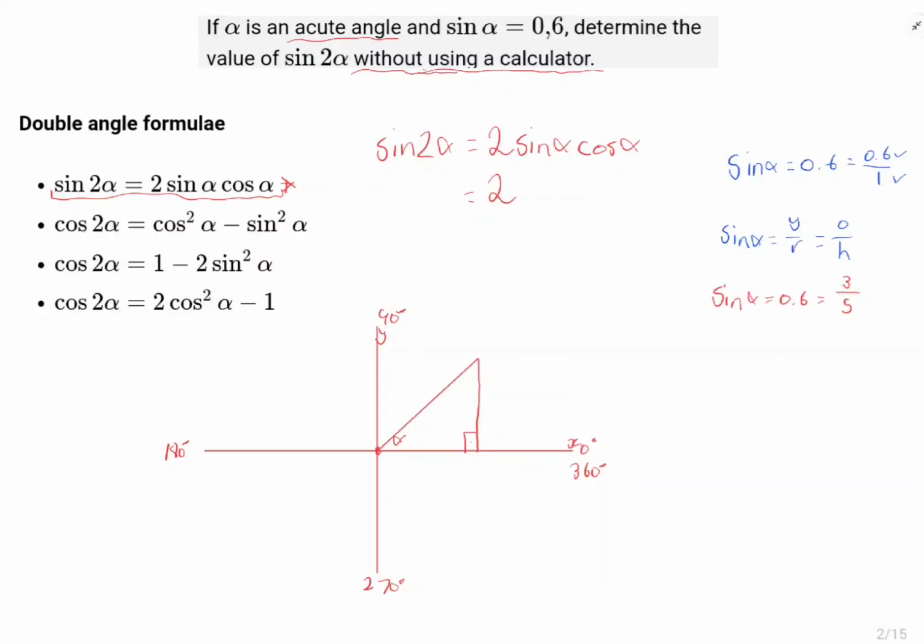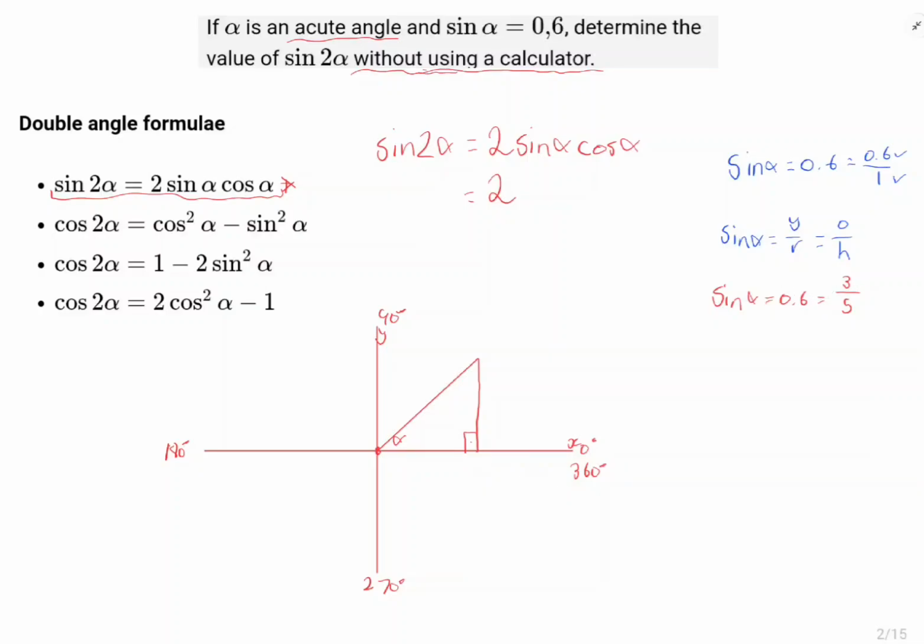In this case, yes, they say without using a calculator, but if you didn't know that you could just type 0.6 into a calculator and press equals, and it's going to give you 3 over 5. This is how it can be written in fraction form, which makes sense because it's not recurring.